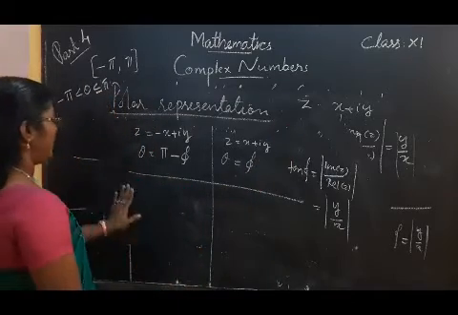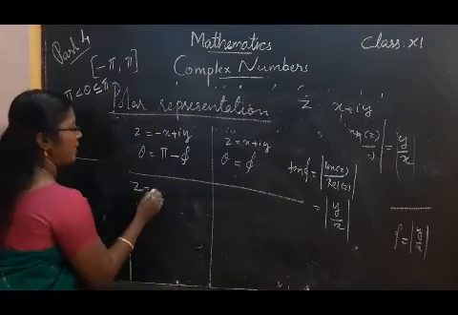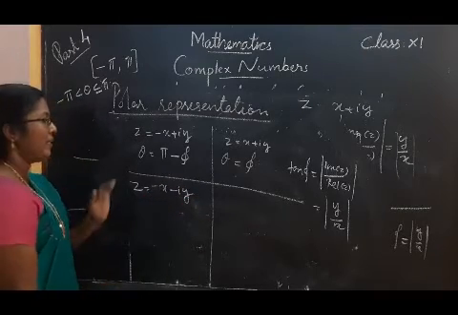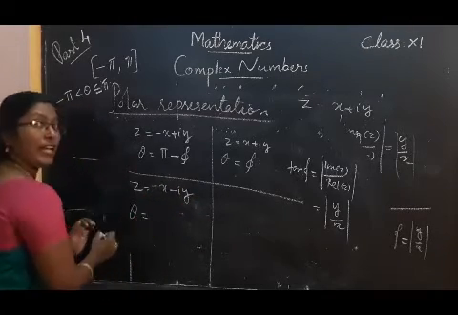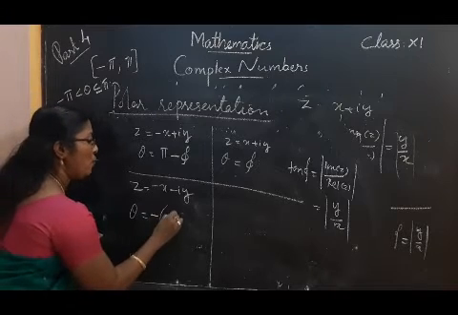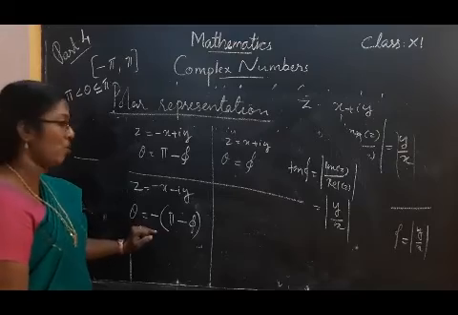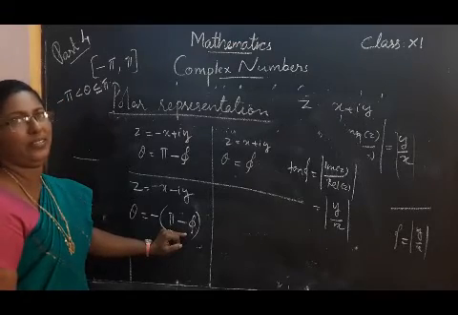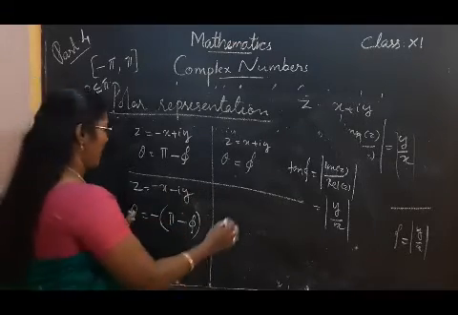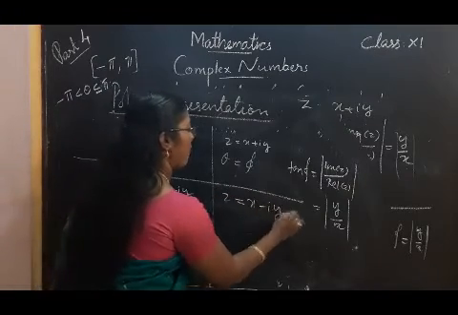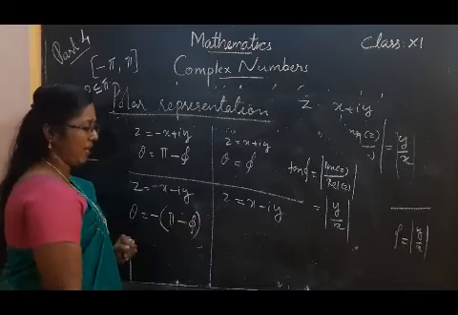Then if it is in the third quadrant, z equals minus x minus iy, both negative. Then what about theta? Theta equals minus of pi minus phi. Clear? In the fourth quadrant, z equals x minus iy, where x is positive.